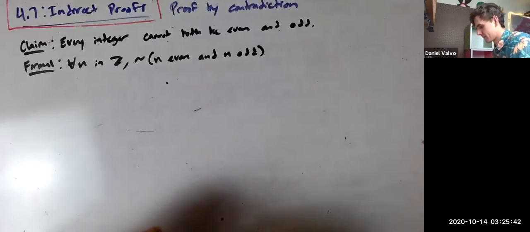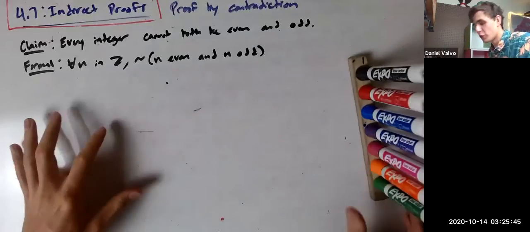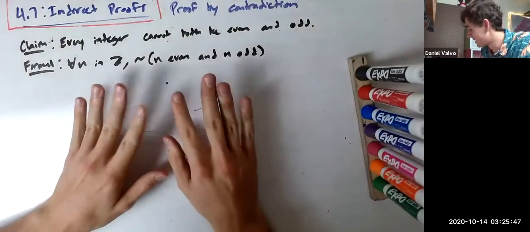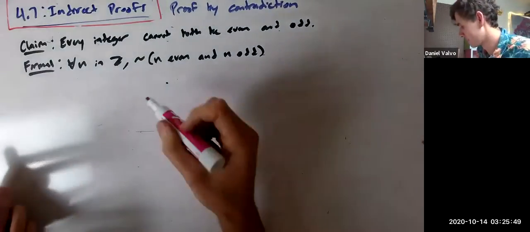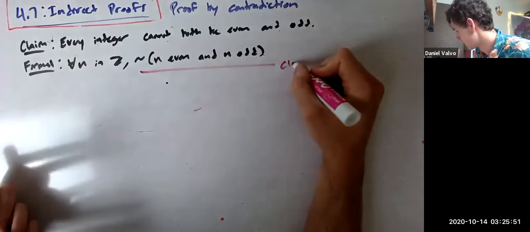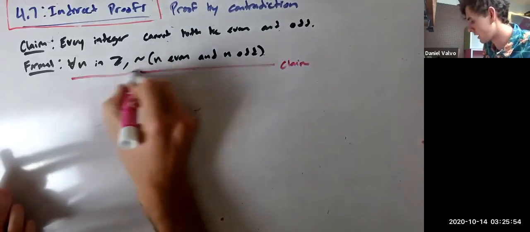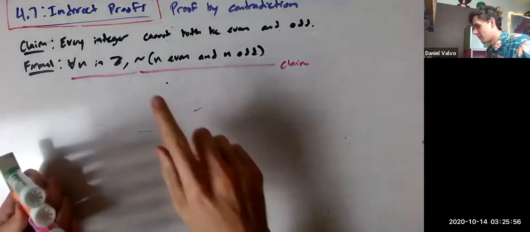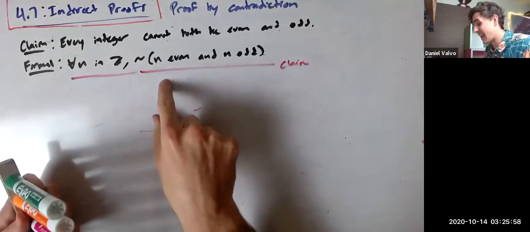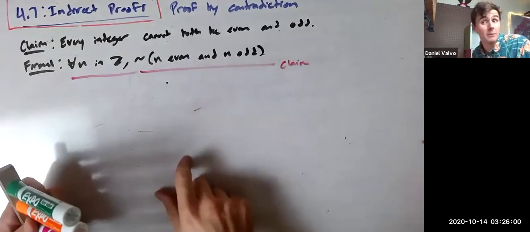So this is what we're trying to prove. This is our claim. Our claim is that for all n in Z, n cannot both be even and odd simultaneously.